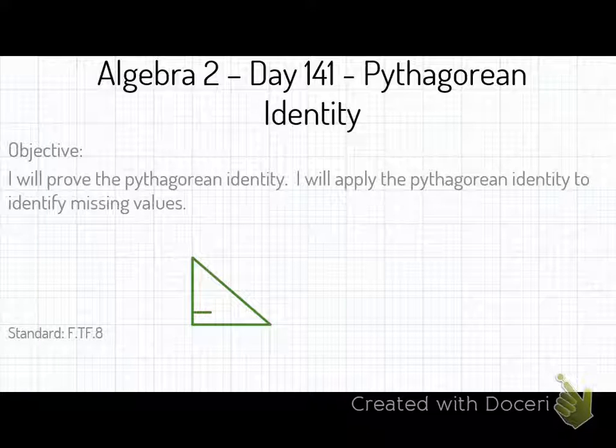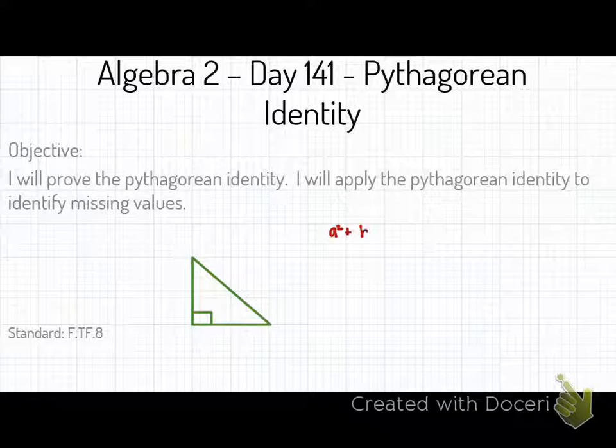And what is the formula? A squared plus B squared. Good. We have two legs, and our C is always the hypotenuse, right? So we could use that for what we're going to do today. So it's related.